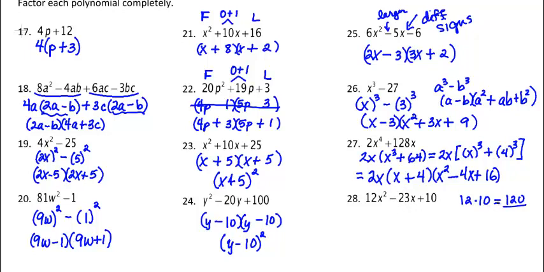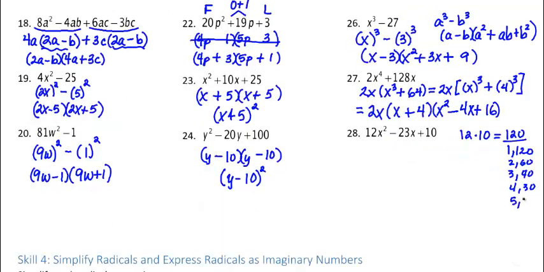Let's first find the factors of 120. And there are a lot of them. 1 and 120, 2 and 60, 3 and 40, 4 and 30, 5 and 24, 6 and 20, 8 times 15.